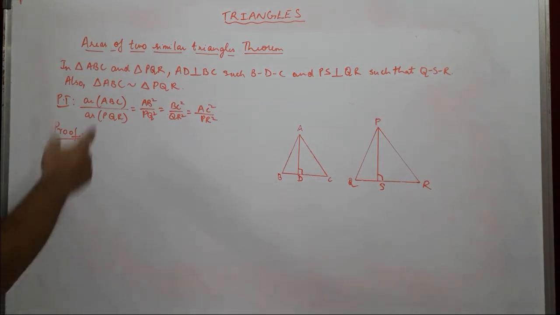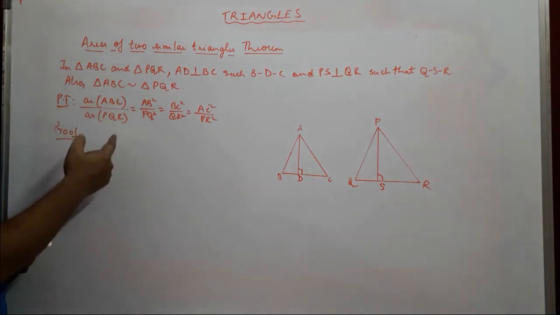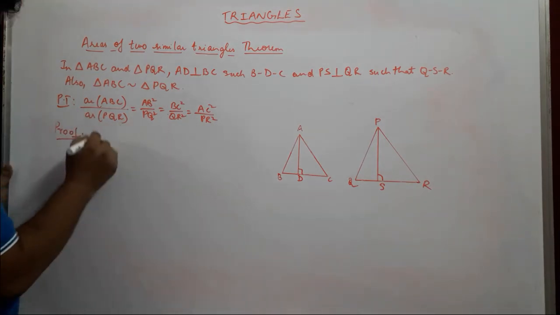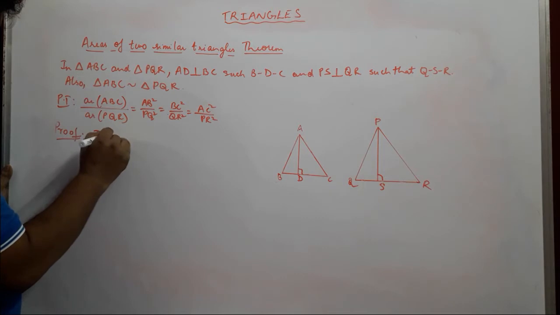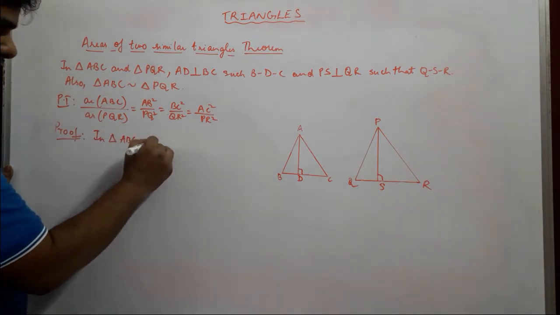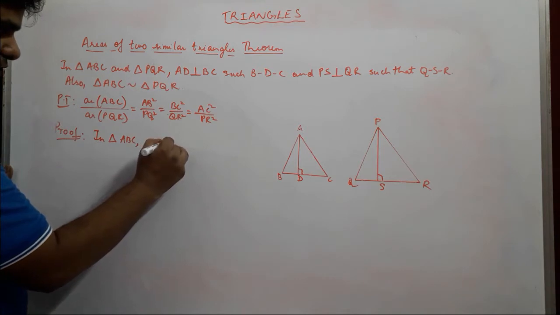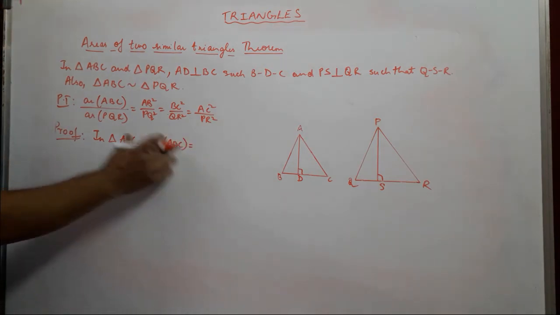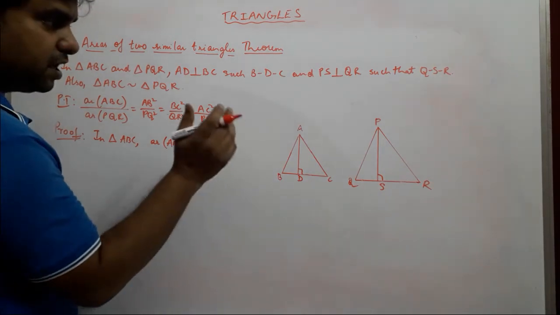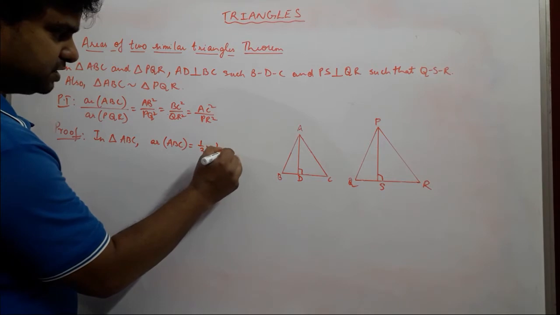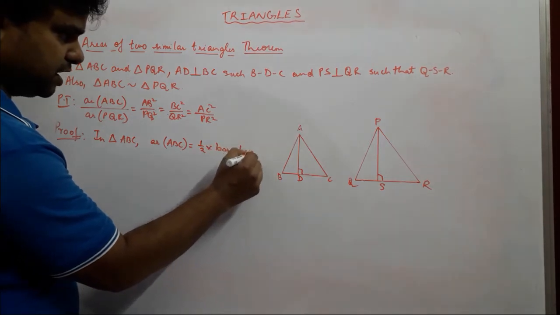Okay, so we are interested in getting the areas of the triangles. So let's begin with that. In triangle ABC, the area of a triangle is given by the formula half base into height. So we write half base into height.